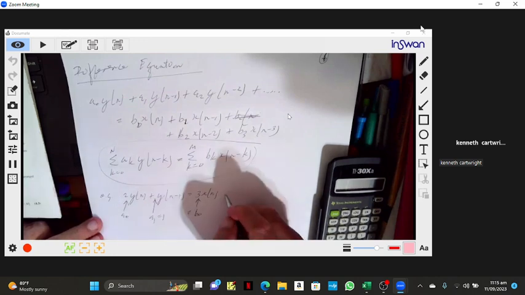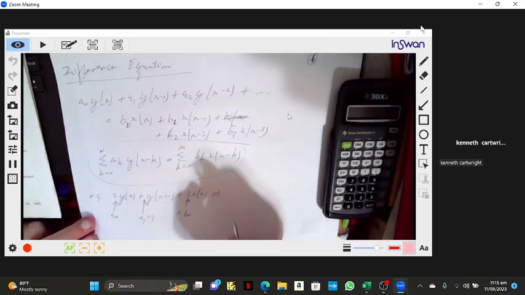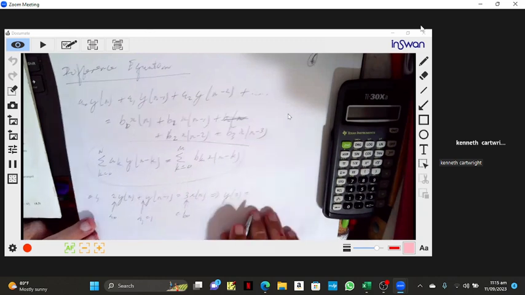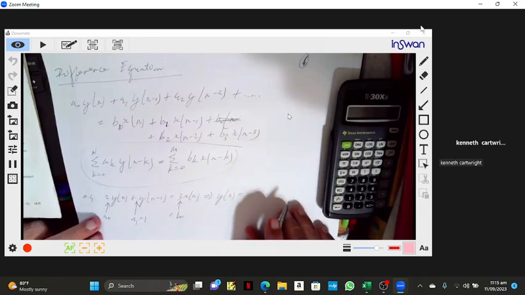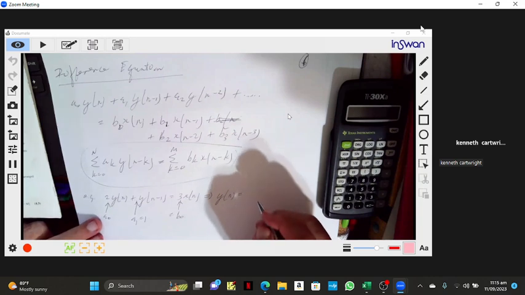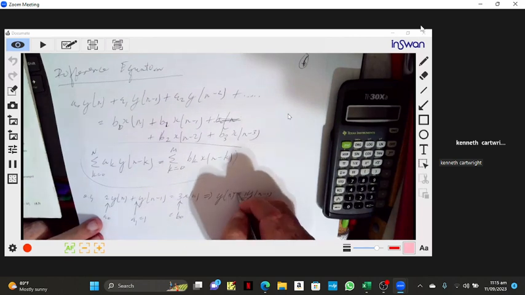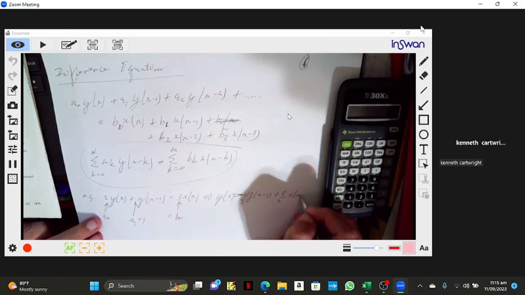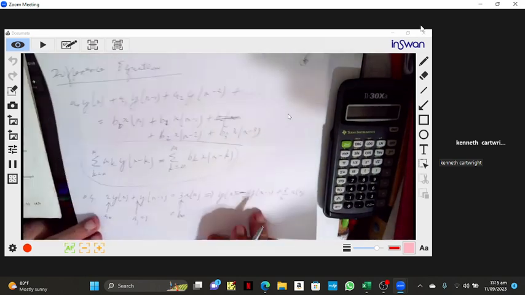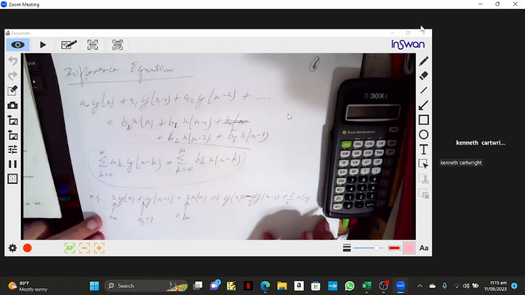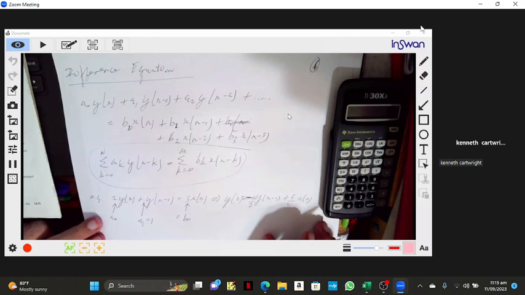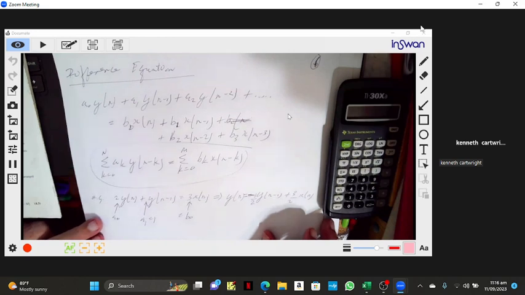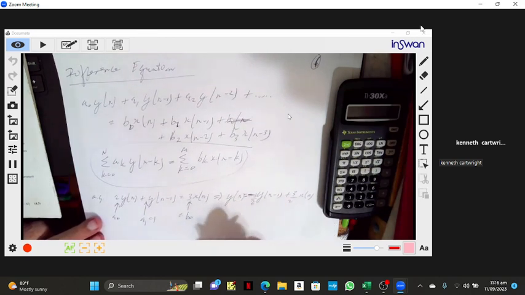We can rewrite this as, and usually we do, y of n equals negative a half y of n minus 1, plus 3 over 2 x of n. This is a simple first order difference equation.